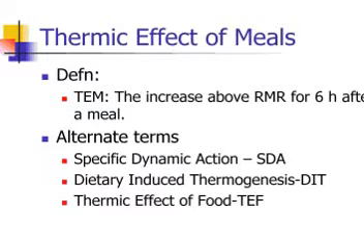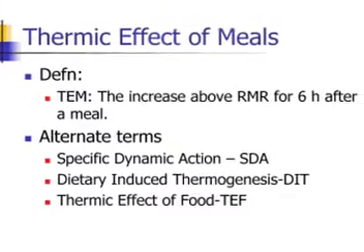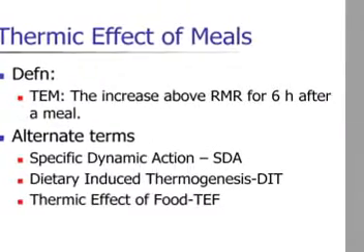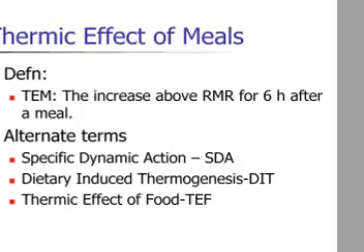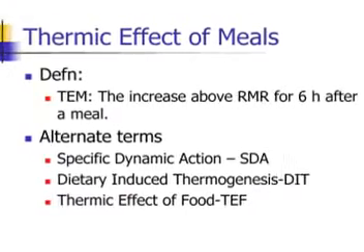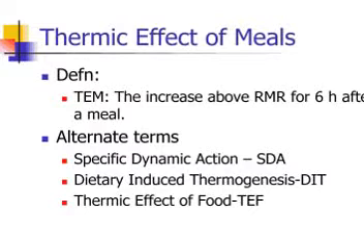Okay, and then just to finish up the other terms, because they'll come up a little bit later on. The thermic effect of meals is simply defined as the bump above resting metabolic rate that occurs for a period of about 5 to 6 hours after you eat. If you're lying down, eat a meal, your resting metabolic rate will increase, and it'll increase by 30 or 40%, but only for a couple of 3 hours, and then by 6 hours you'll be back to that baseline again.